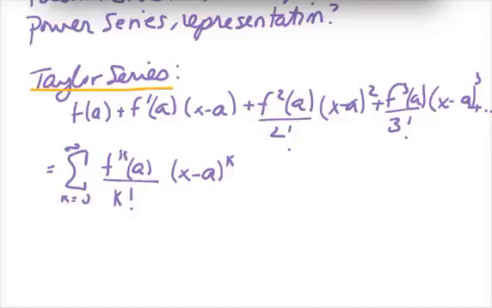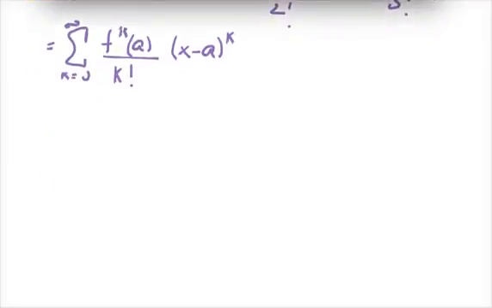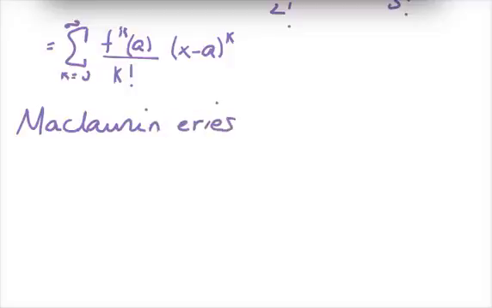A special Taylor series is one that is centered about 0. And that is called a Maclaurin. He was a Scottish mathematician. So Maclaurin is simply a Taylor series with center of a equals 0.